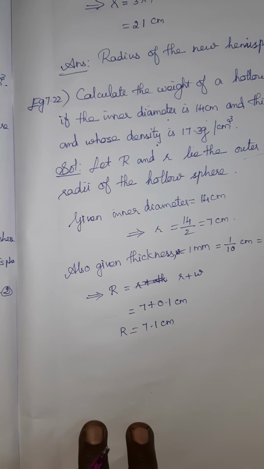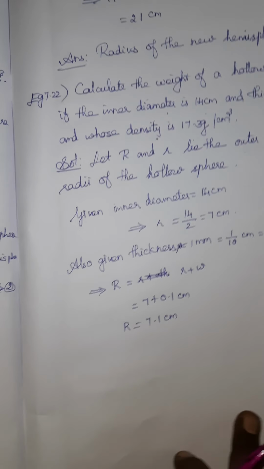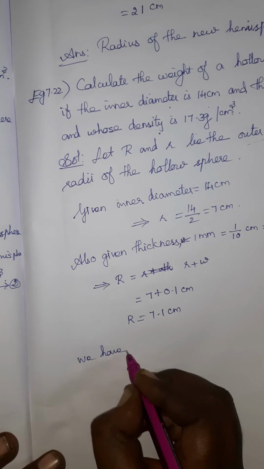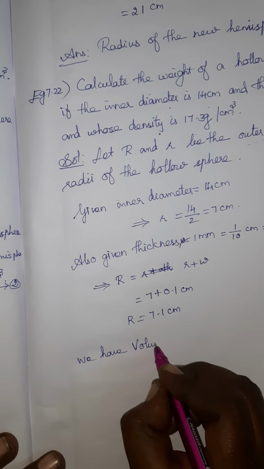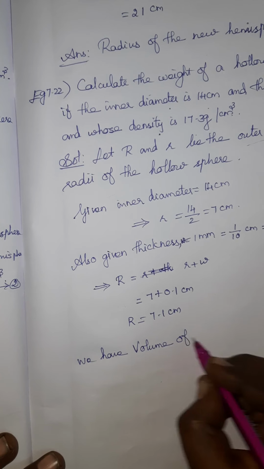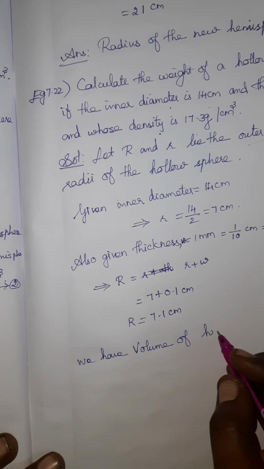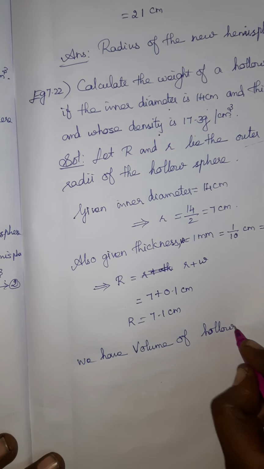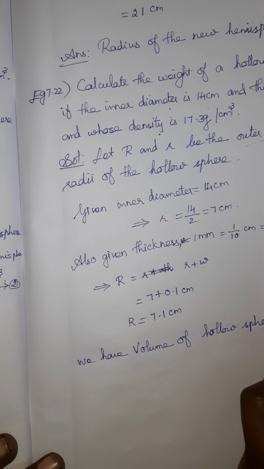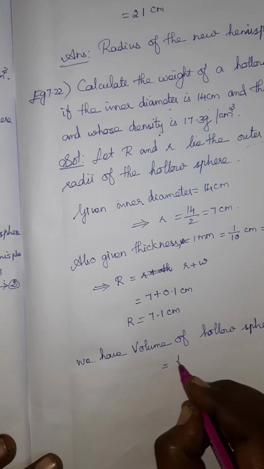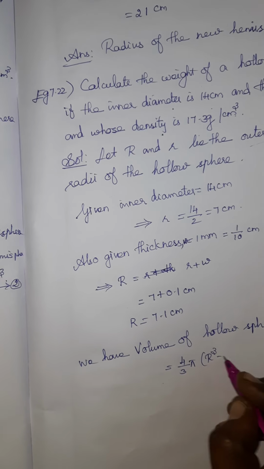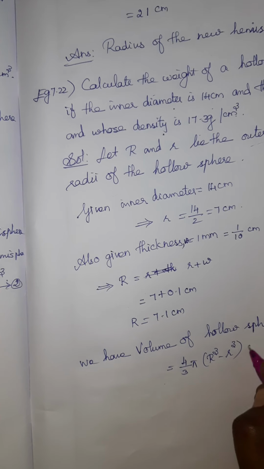Then we can find the volume of the hollow sphere. Volume of hollow sphere is equal to 4 by 3 pi, capital R cube minus small r cube, cubic units.